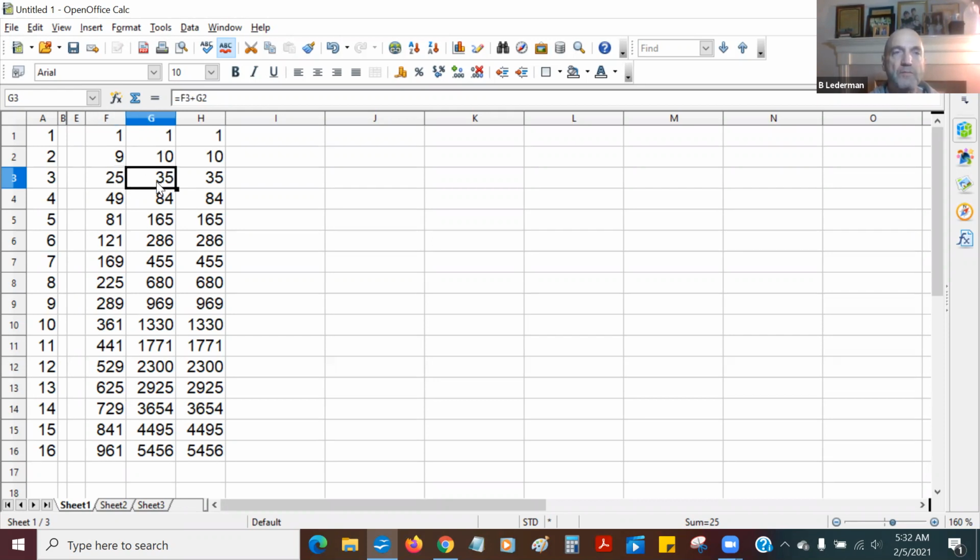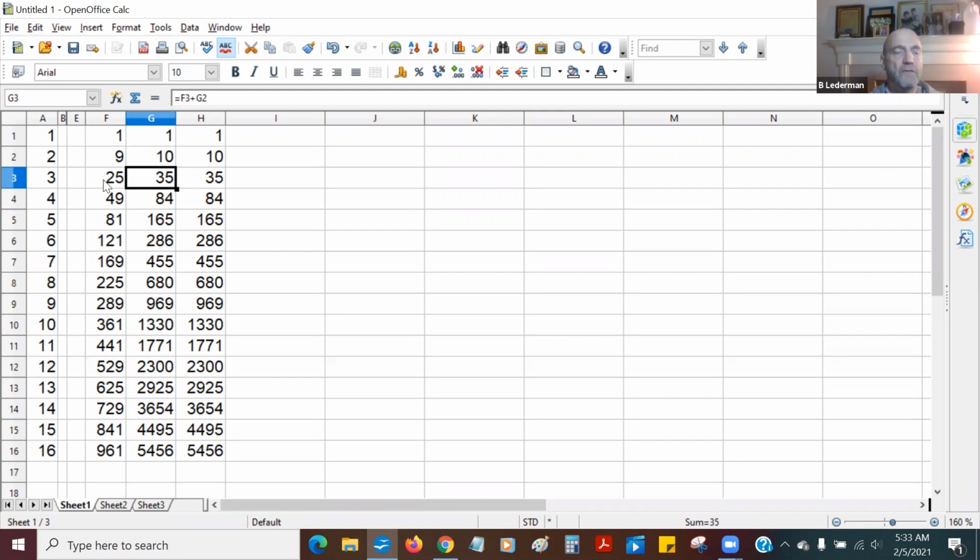Now, in this column, all I did is, well, I started with 1. Then I'm adding the 9 to that 1. So this number here is really 1 squared plus 3 squared. This number here adds the 25 to the 10, you see what we're doing here, and you can see that right here in this formula.